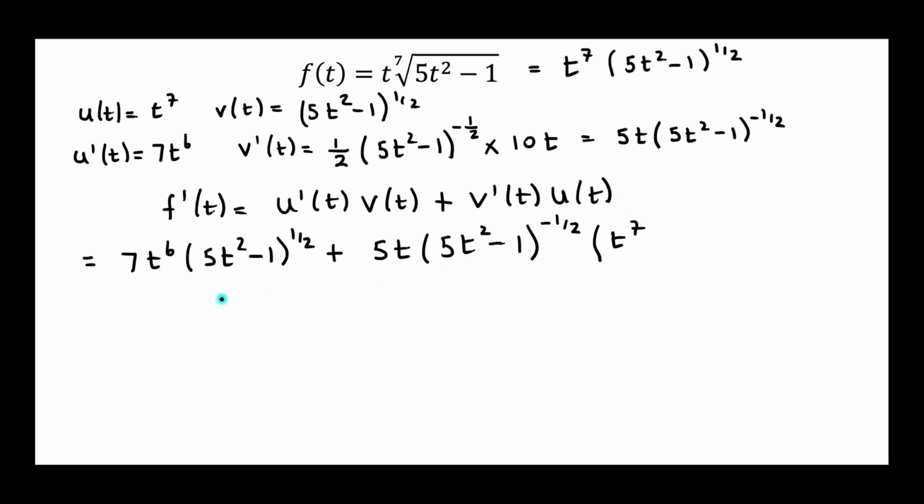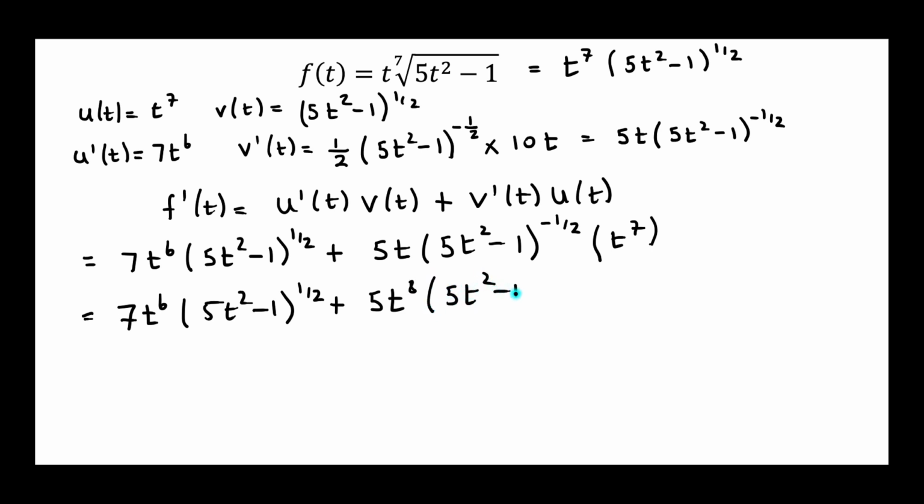So what I'm going to do, I'm just going to bring all this up here, so my final answer will be as follows. That would be to the power of half, so 5t times 7t, t to the 7, sorry, that would give me plus 5t to the 8, 5t squared minus 1 to the minus a half. So that would be my final answer.